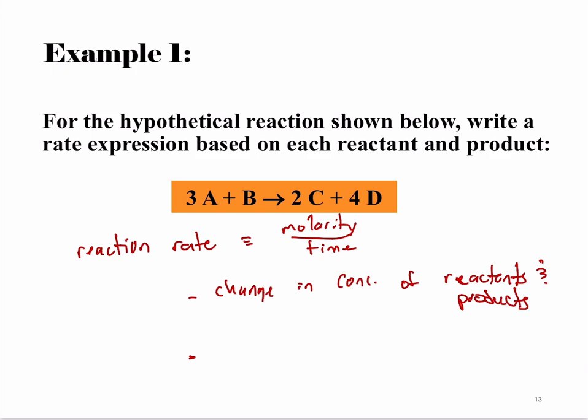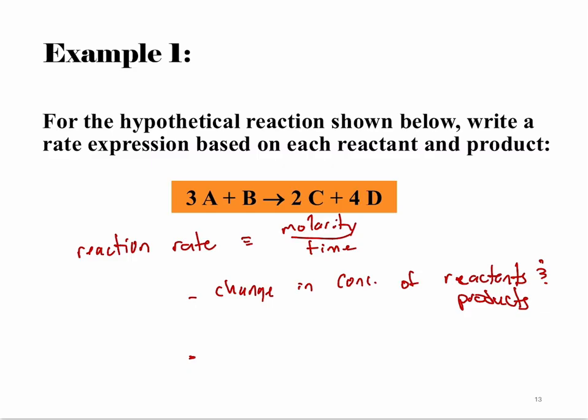Or what information does the chemical equation give us for looking at the reaction rate? Right. Change in concentration of reactants or products tells us the sign that's going to be in our expression. Is it going to be positive or is it going to be negative, right? What does the chemical equation give us?